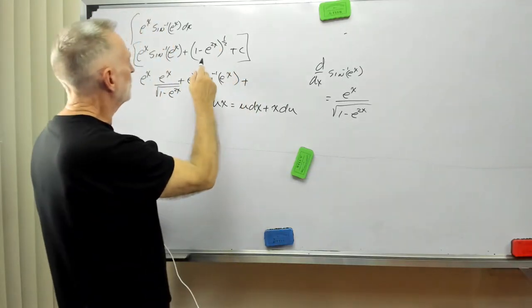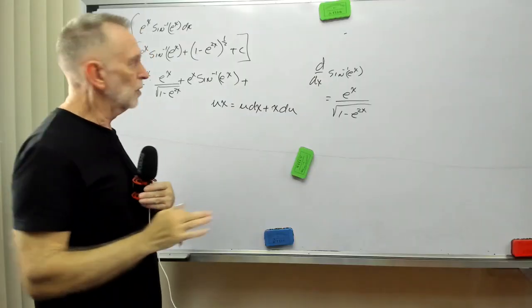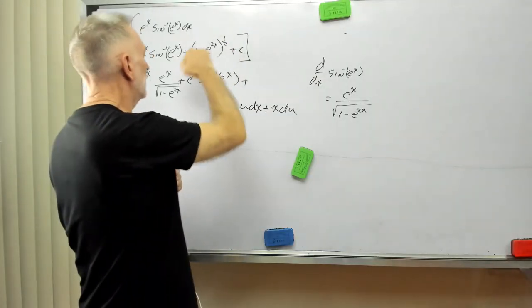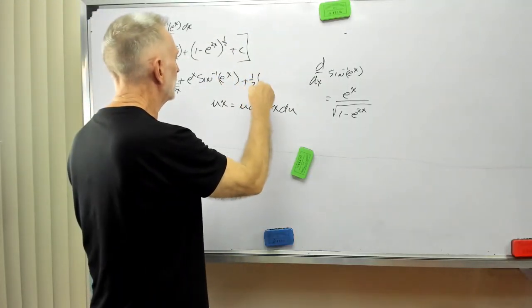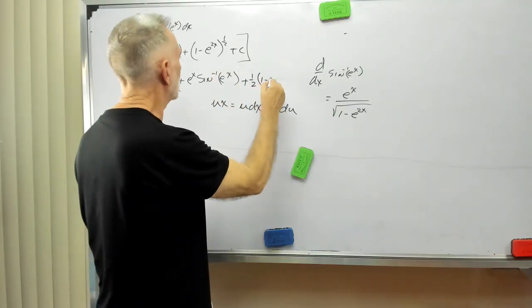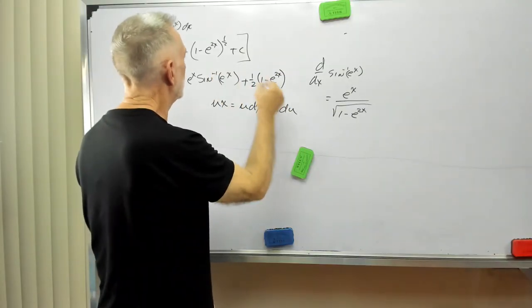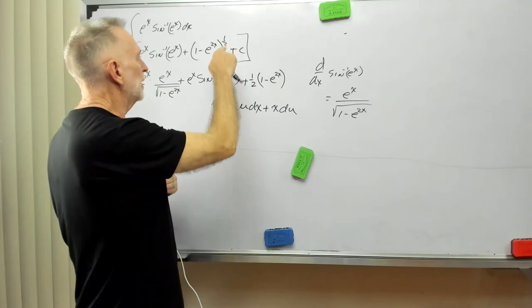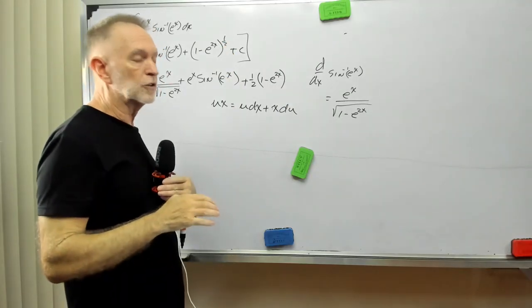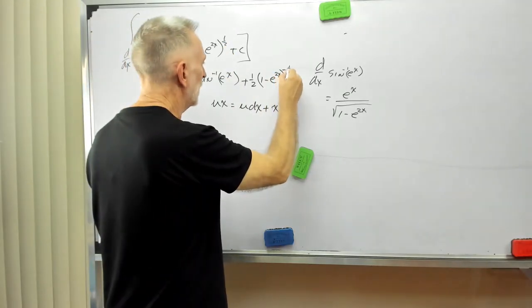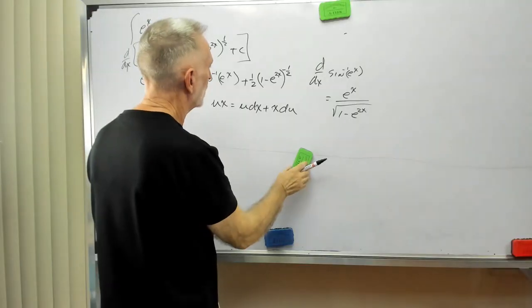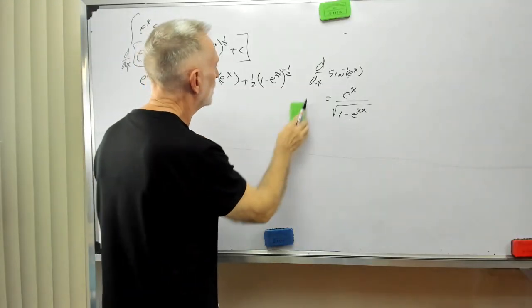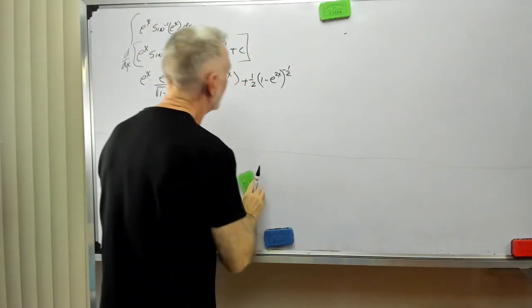Plus the derivative of this one. Now I have a chain rule opportunity. So it's 1/2 times what's on the inside, and then I decrease the exponent by 1. So 1/2 minus 2 over 2 gives me minus 1/2.